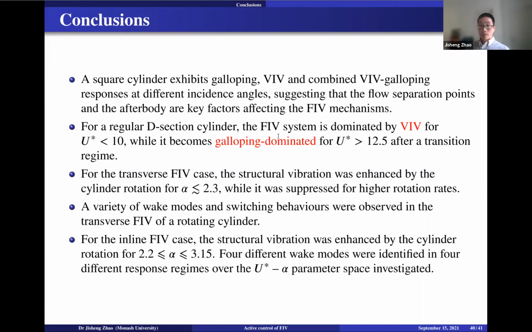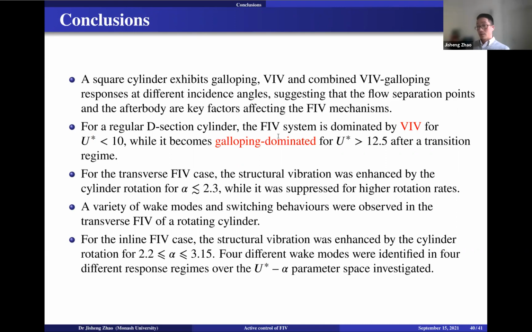Then we try to control it based on the system's symmetry, for which we use body rotation. A rich variety of wake modes was observed, and also some switching behavior. We still don't have a full understanding of why this happens.